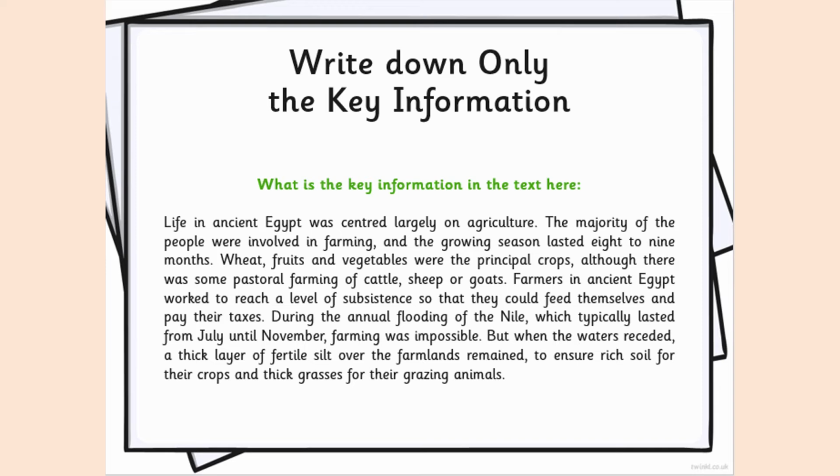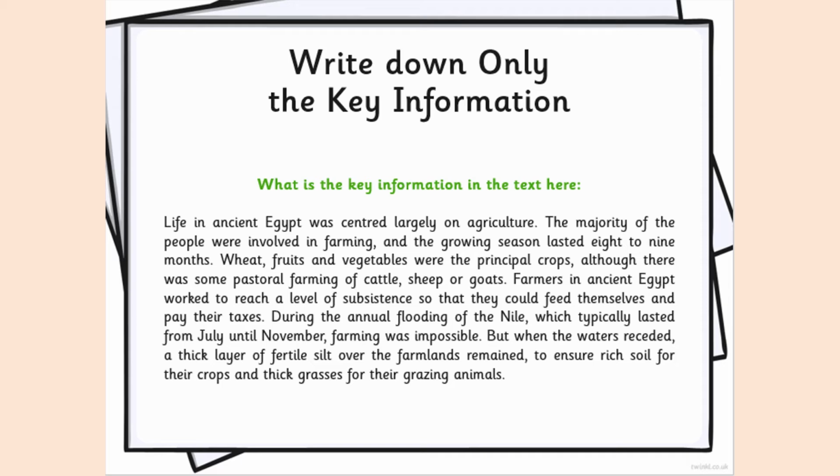Life in ancient Egypt was centered largely on agriculture. The majority of the people were involved in farming, and the growing season lasted 8 to 9 months. Wheat, fruits, and vegetables were the principal crops, although there was some pastoral farming of cattle, sheep, or goats.